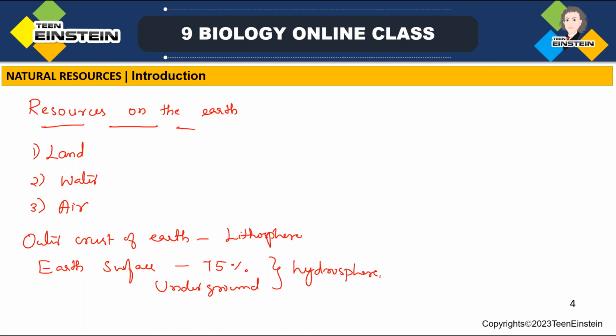Okay. And next comes air. We said land, water, and air. Land is the outer crust of Earth, called the lithosphere. Earth's surface 75% is covered by water, and water is present underground also. So that forms the hydrosphere. Next is air.